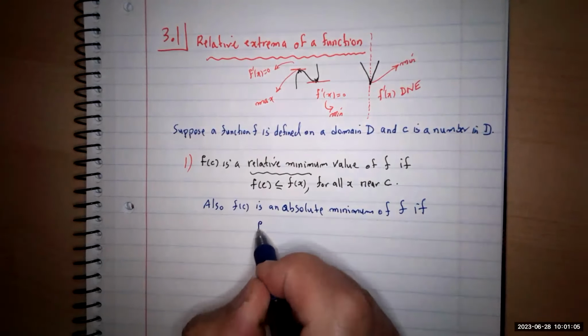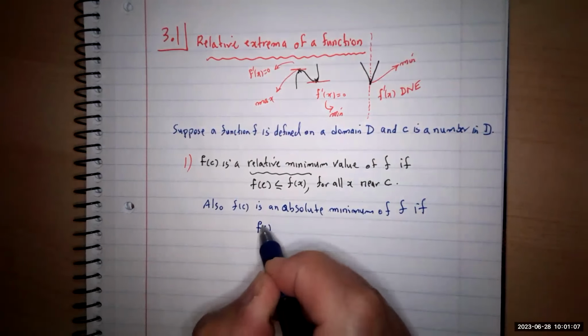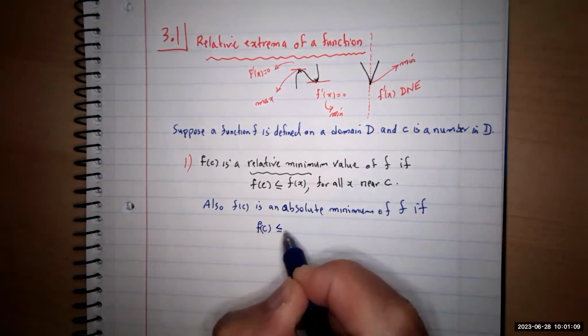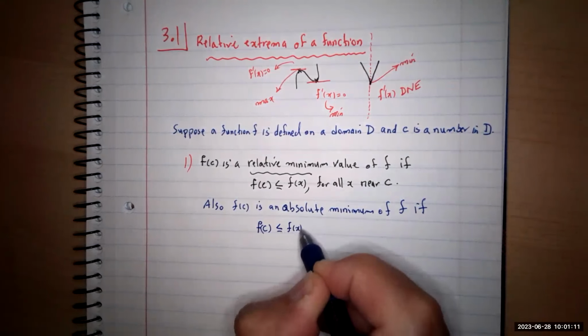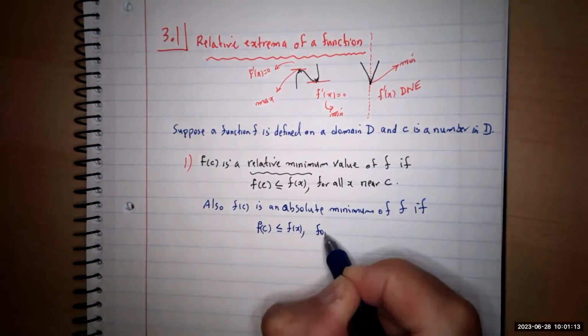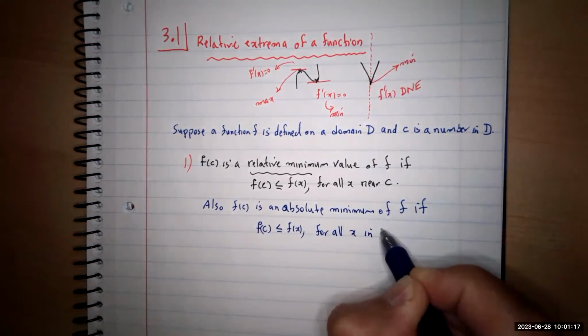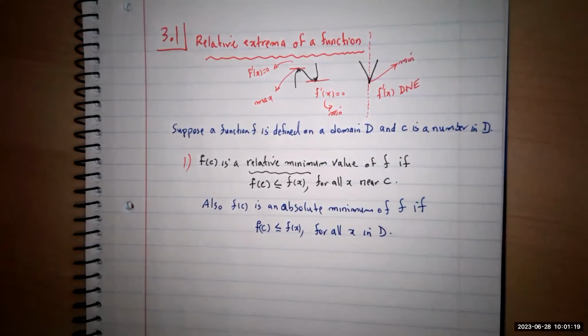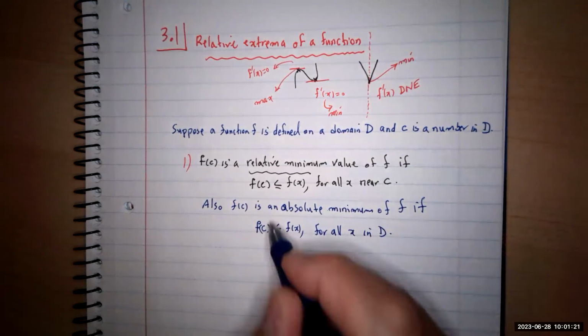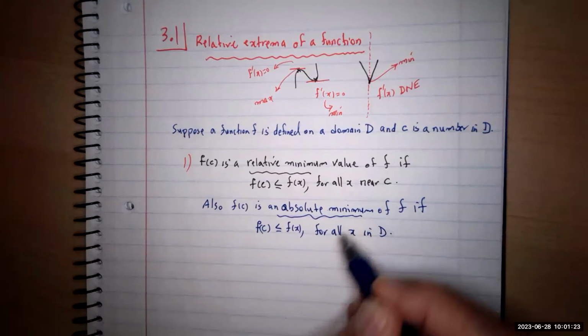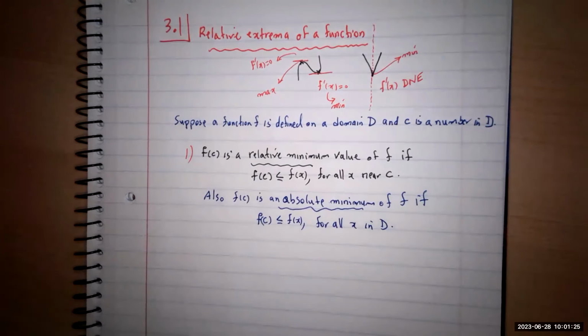So this means f of c is less than any other value of the function. It's going to be less than or equal to f of x, this time for all x in the entire domain of the function. Okay, so that would be the absolute minimum. Any question? If it's the smallest value of the function, it's the absolute minimum.